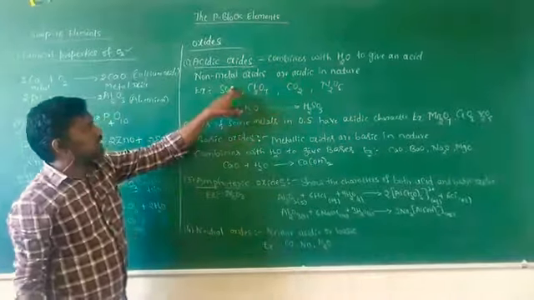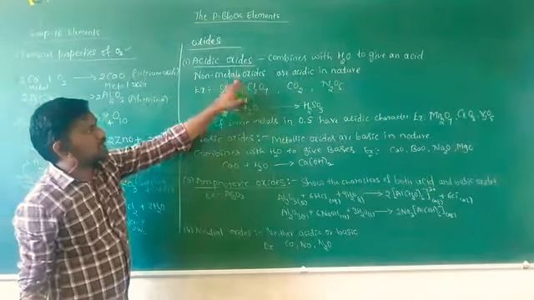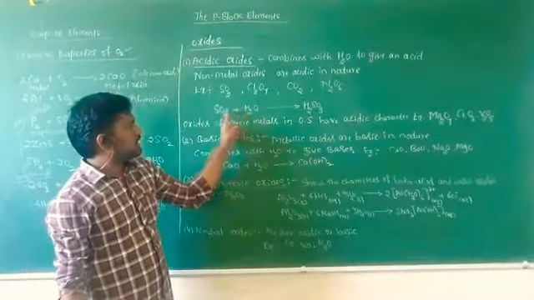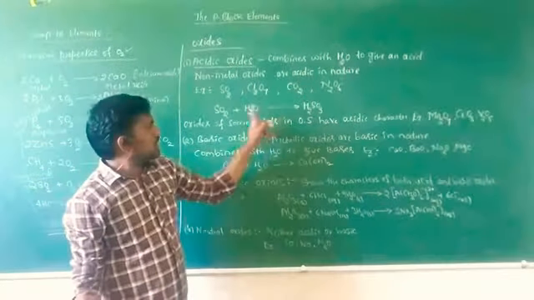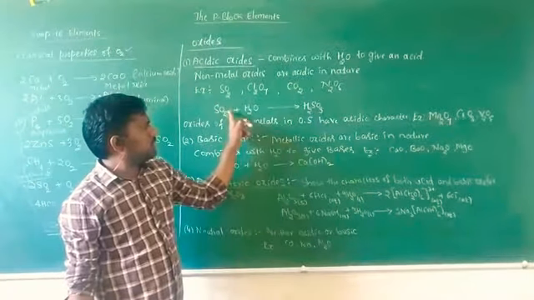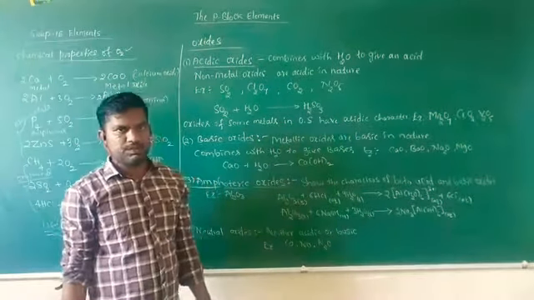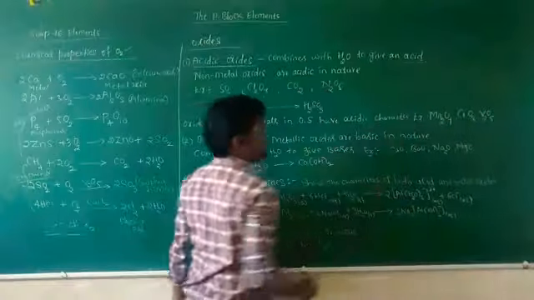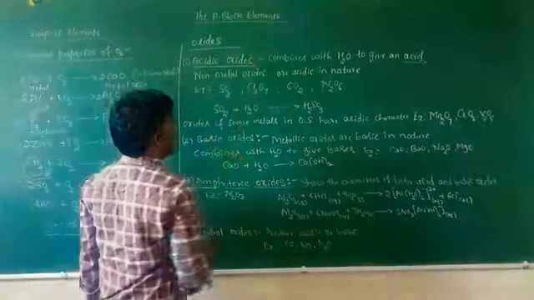If you take one example, the acidic oxide SO2, sulfur dioxide, combines with water to give an acid: SO2 plus H2O gives H2SO3. It gives an acid, so they are acidic oxides.